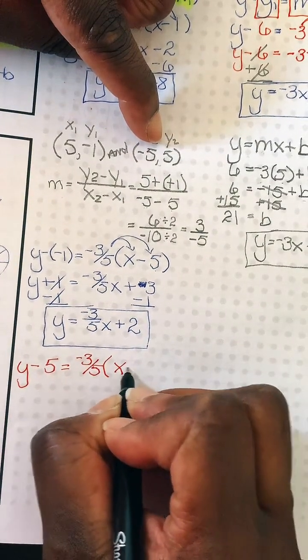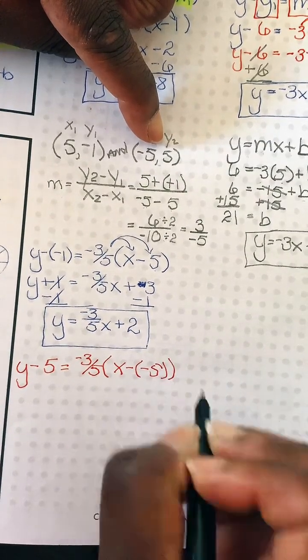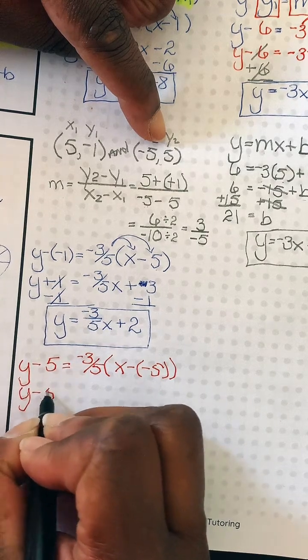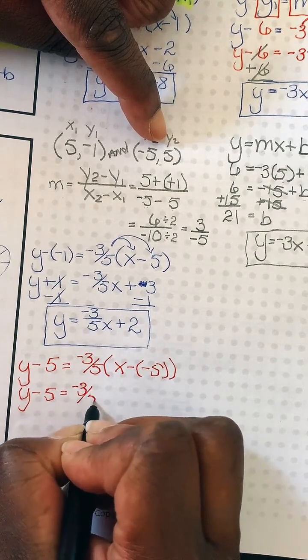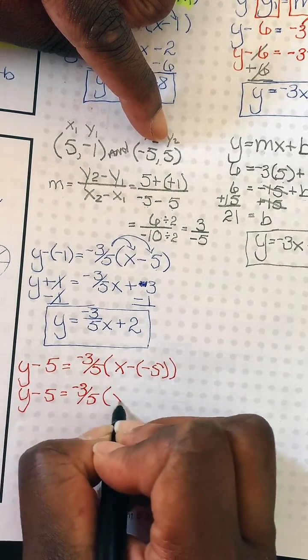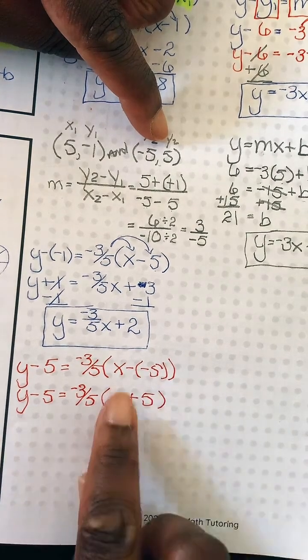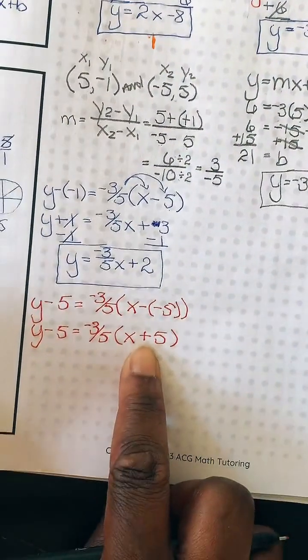Then you have x minus the negative 5. So here you're going to have y minus 5 is equal to negative 3/5 x plus 5, because when you minus a negative, it turns positive.